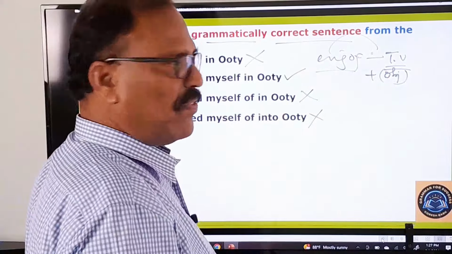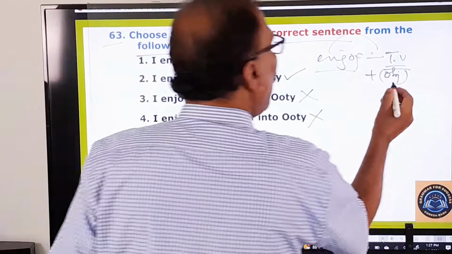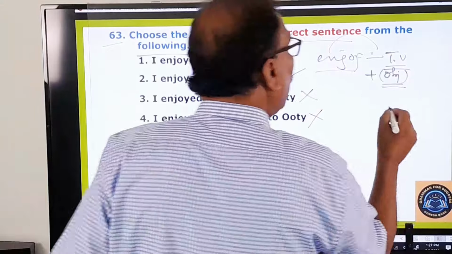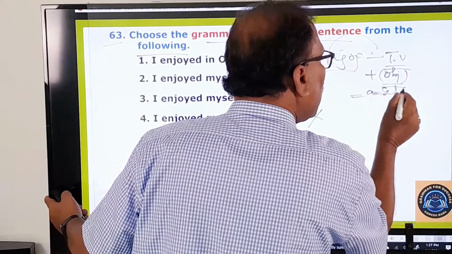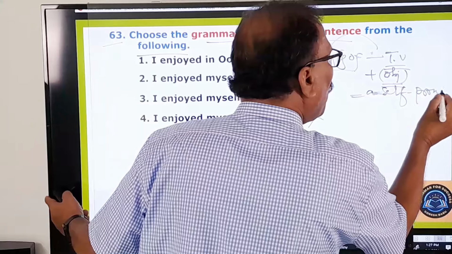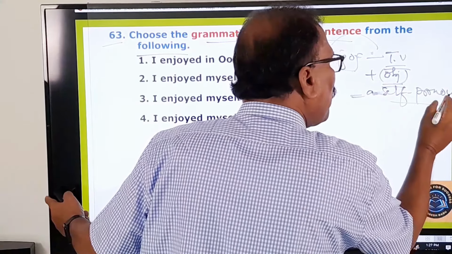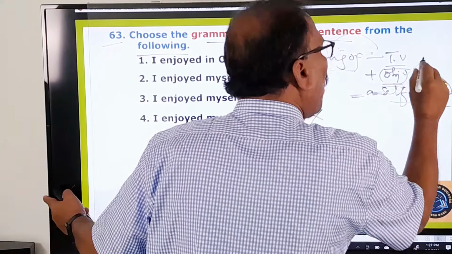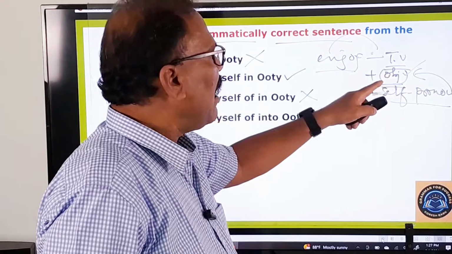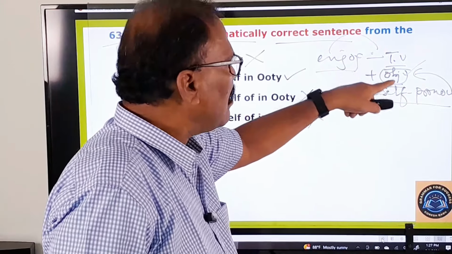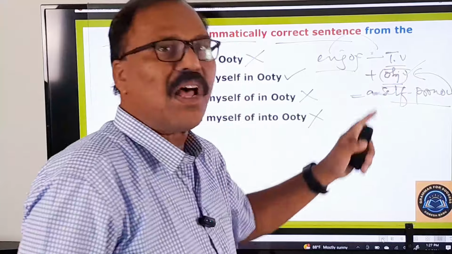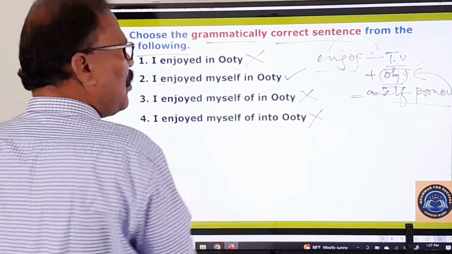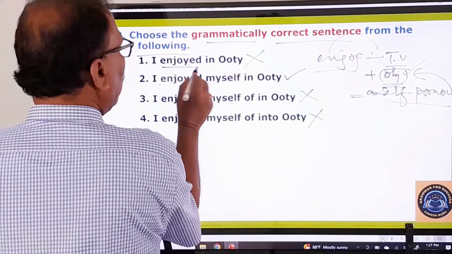So it's a transitive verb, and whenever this object is not there, you have to use a self pronoun. You have to use a self pronoun to fill the gap of this object. Whenever an object is not used after this verb, you must use a self pronoun to fill the gap of this object.